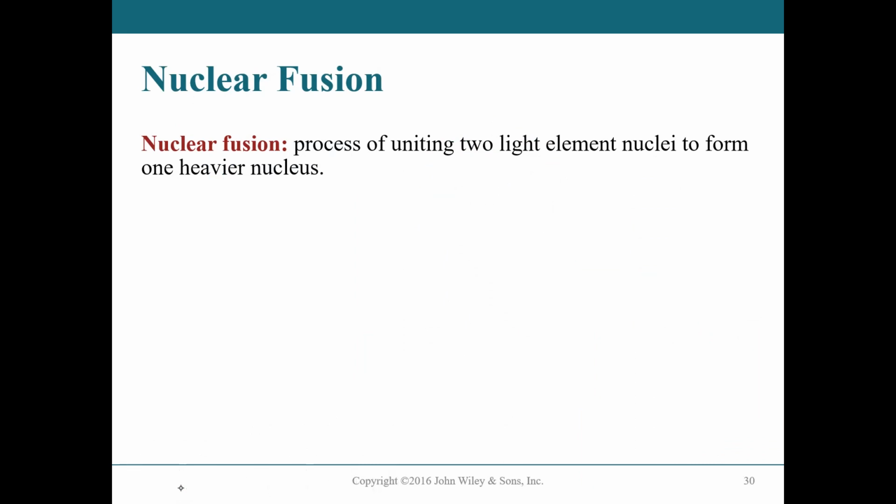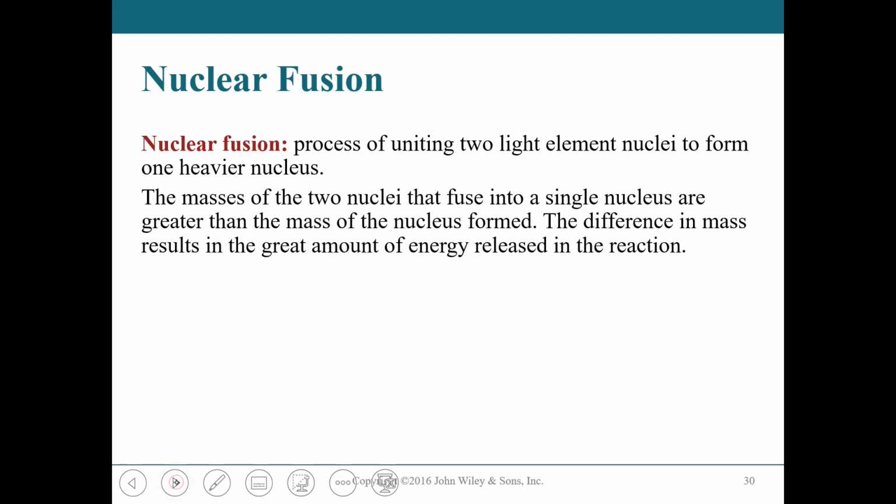So the opposite of nuclear fission is nuclear fusion. Instead of splitting the element, we actually unite two light nuclei. So what happens is that the masses of the two nuclei fuse into a single nucleus, and the mass of the original two nuclei is greater than the mass of the nucleus formed.